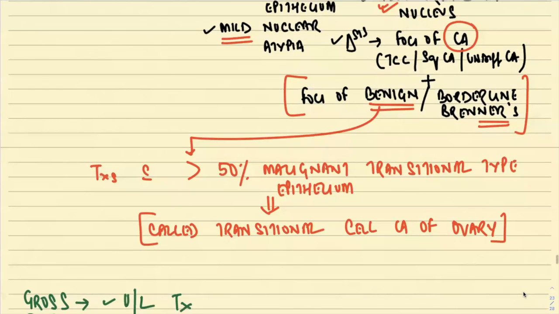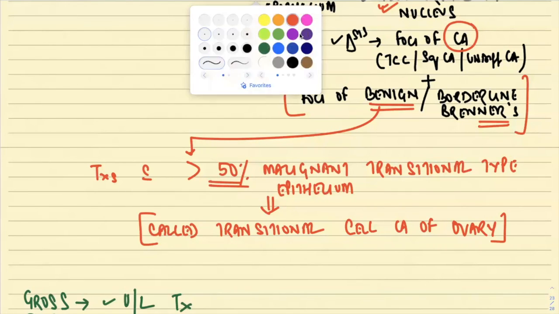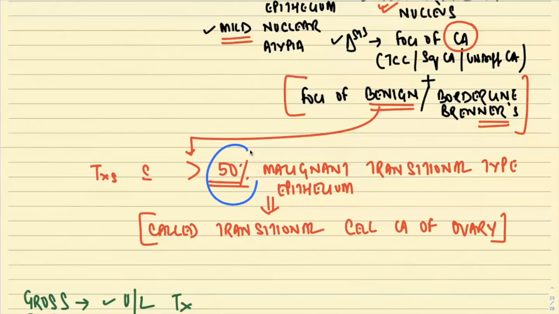If the carcinoma part, or the malignant transitional epithelium, comprises more than 50% of the total tumor, then instead of calling it malignant Brenner's tumor, we will call it transitional cell carcinoma of the ovary. Always remember this part.